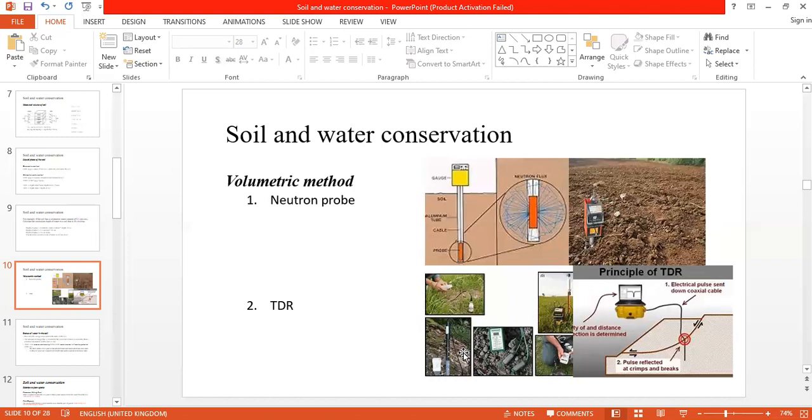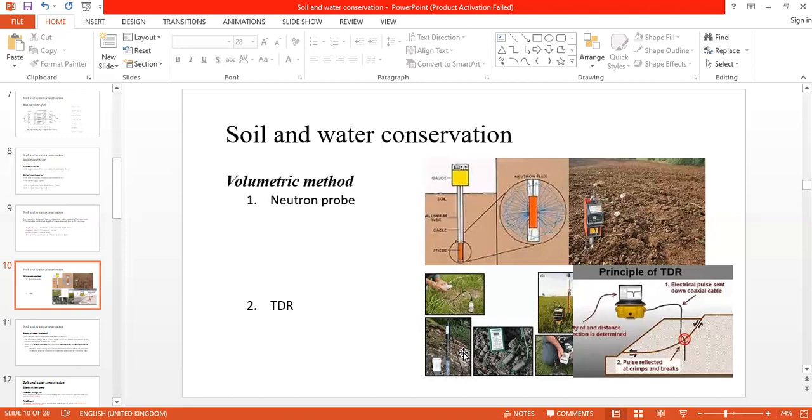Now you relate it. If my time was 2 milliseconds, it means that my gravimetric moisture content is this, which you calculated in the lab. Then from these, you create a linear equation.